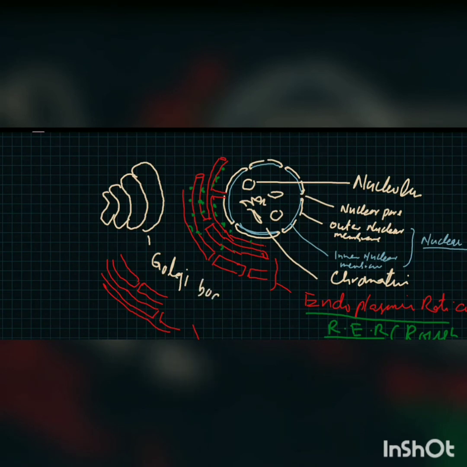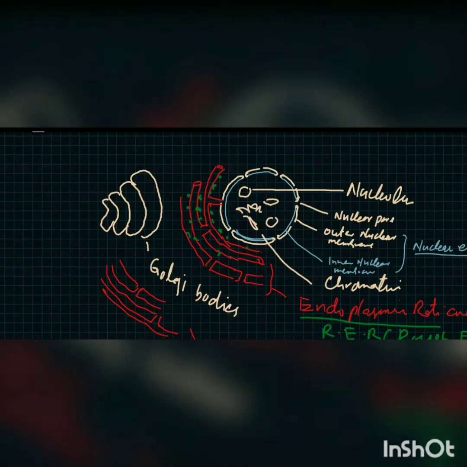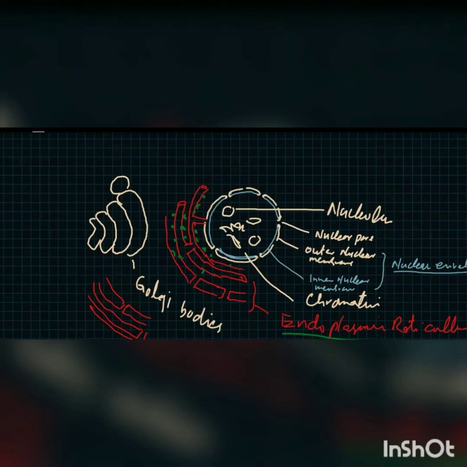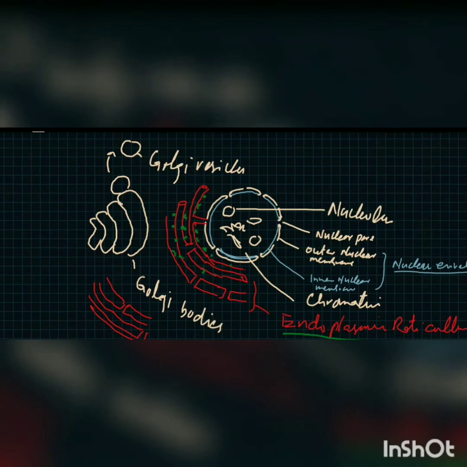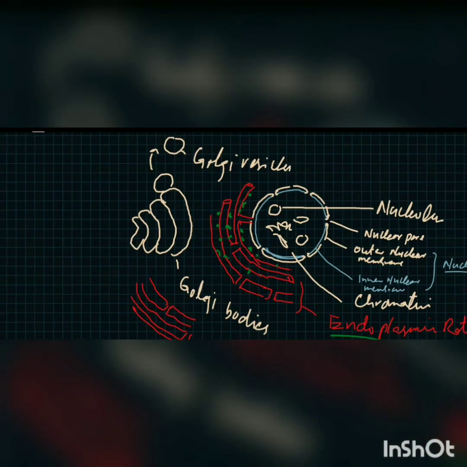So we will write Golgi bodies here. From the surface of Golgi bodies, we will see small membrane-bound vesicles will be pinched off, and these are known as Golgi vesicles. इनको हम कहेंगे Golgi vesicles.